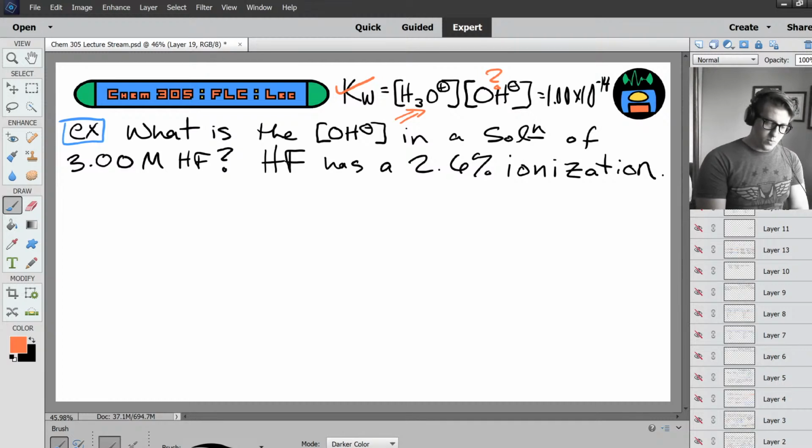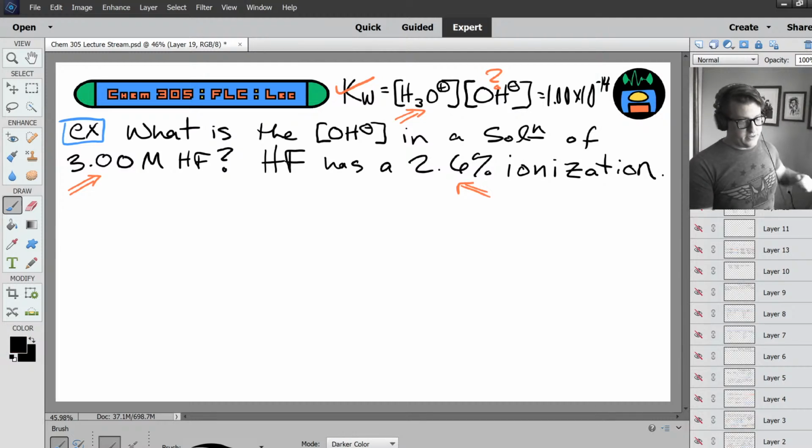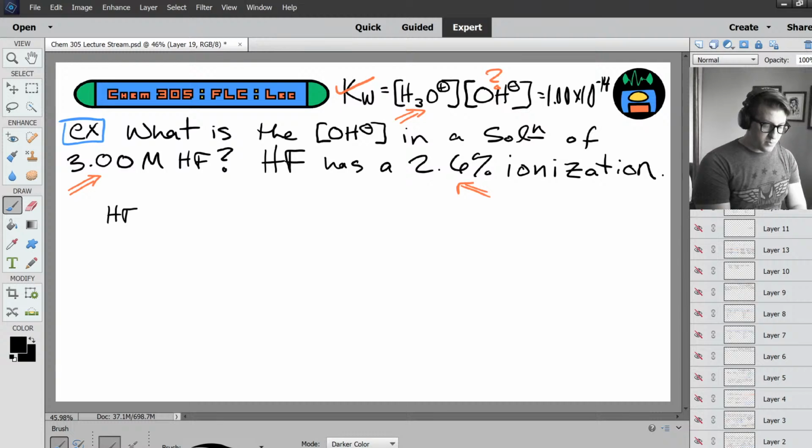And that is where our percent ionization and our molarity of HF come into play. We've done percent ionizations before, right?